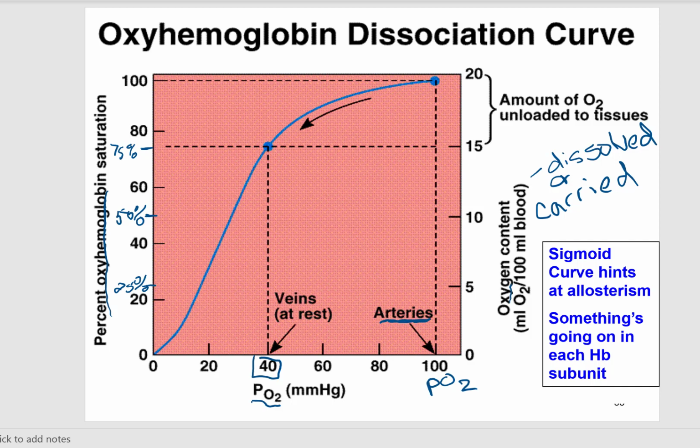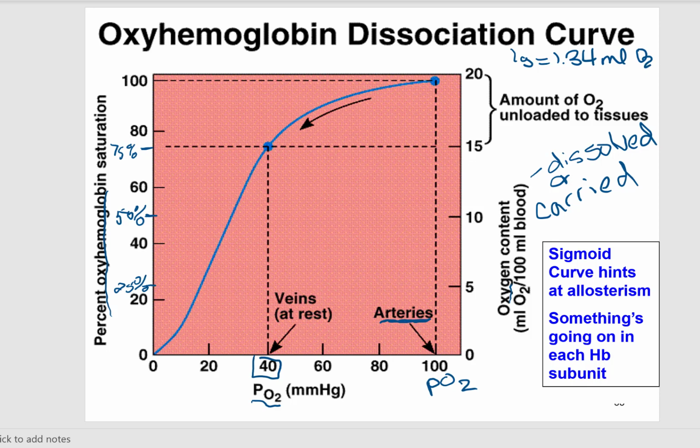How much oxygen is carried in your red blood cells? Well, that depends on how much hemoglobin you have. Remember, on an earlier slide, I told you about hemoglobin grams percent, the amount of hemoglobin in 100 milliliters of whole blood. For every gram of hemoglobin, you get 1.34 milliliters of oxygen carried.